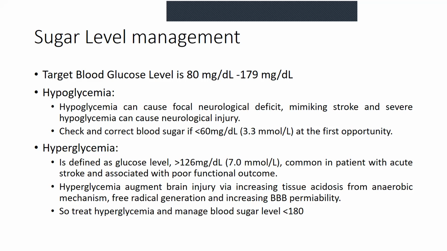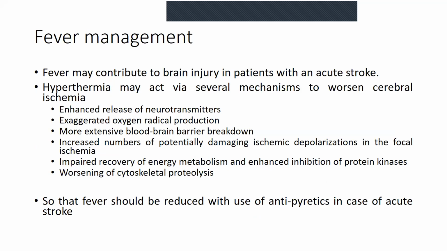Hyperglycemia augments brain injury by increasing tissue acidosis from anaerobic mechanisms, free radical generation, and increased blood-brain barrier permeability. So treat hyperglycemia and manage blood sugar level to decrease it to less than 180 mg per deciliter. Next slide, please.